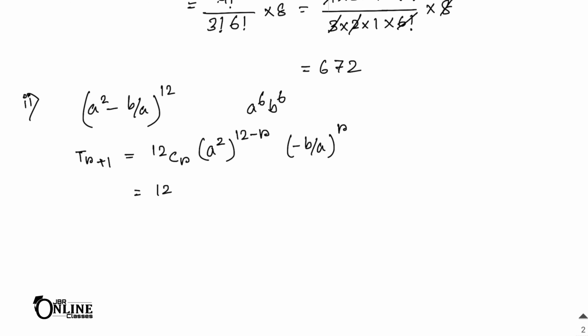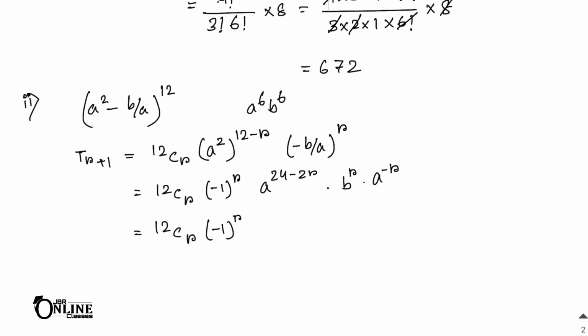So that means again 12Cr, then minus 1 to the power r, a to the power 24 minus 2r, then b to the power r, and a to the power minus r. So it will be 12Cr, minus 1 to the power r, a to the power 24 minus 3r, and b to the power r.